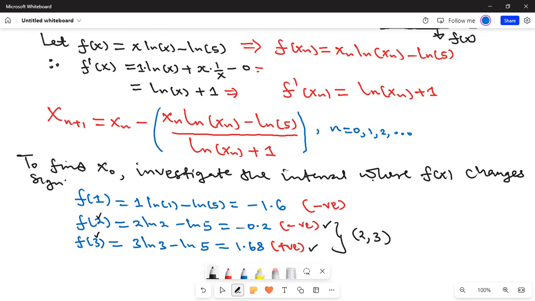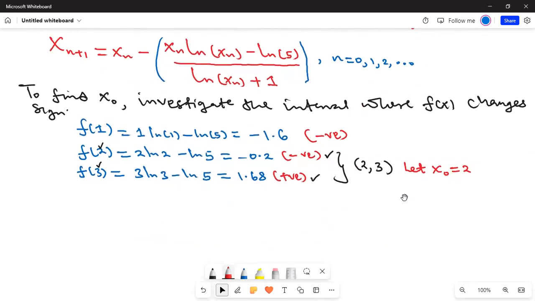Now, you can pick x naught equal to 2, or you can use x naught equal to 3, any of them. In this case, let's use our x naught to be 2. So you can say, let x naught be equal to 2. Somebody can use 3, or any value between that interval.